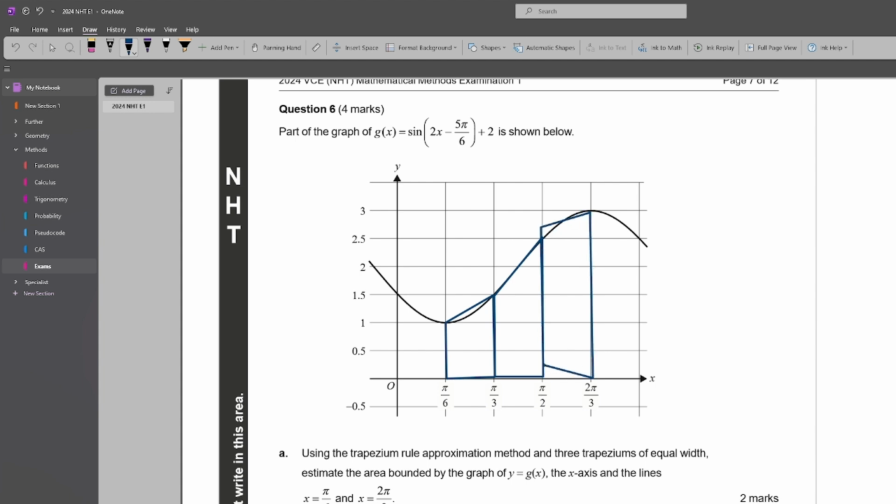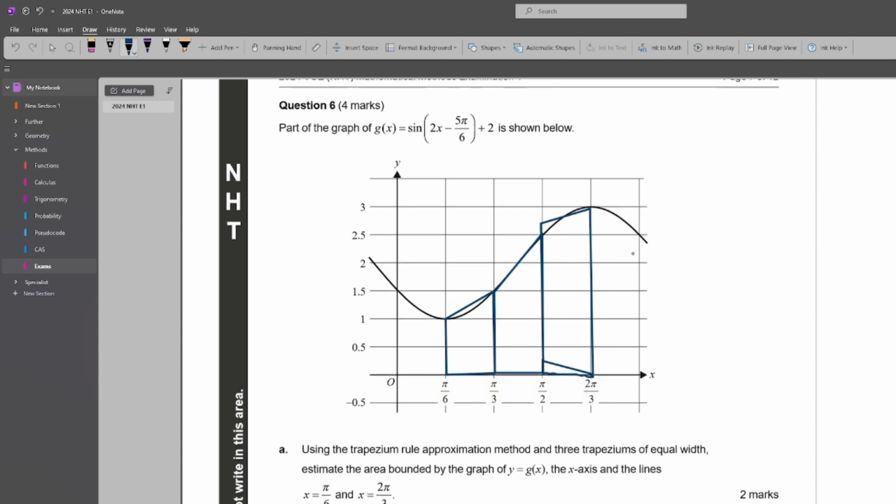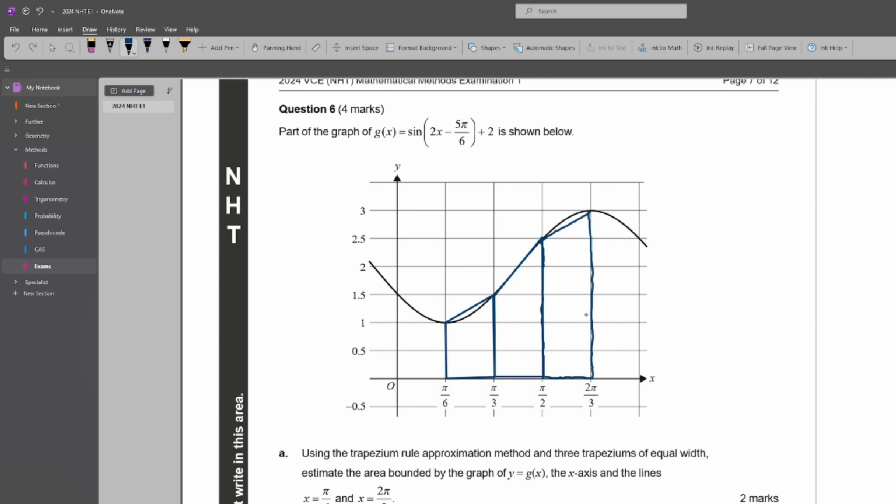Not even OneNote will recognize my trapeziums, they're that bad. Let's do that again. Actually, that'll do like that. Okay. So, if you've forgotten it, the formula for the trapezium estimation is on the formula sheet.